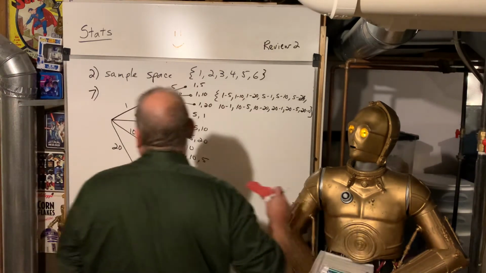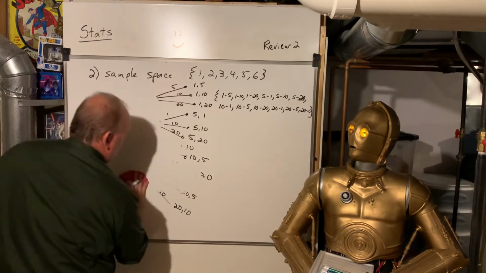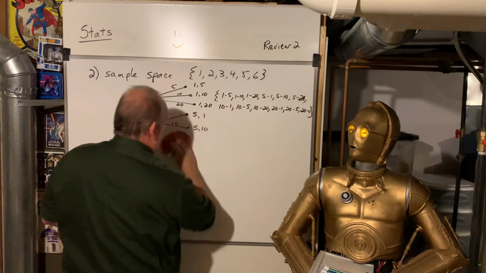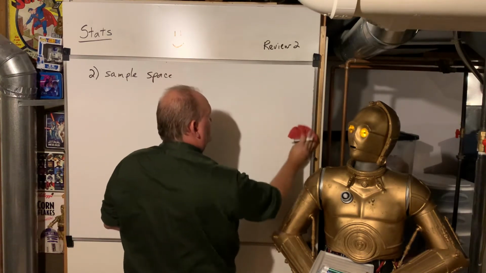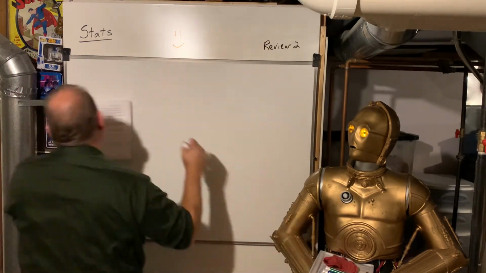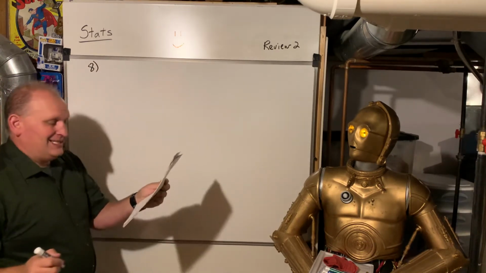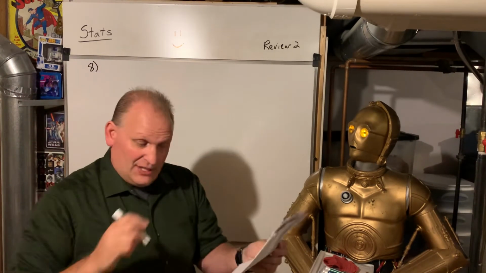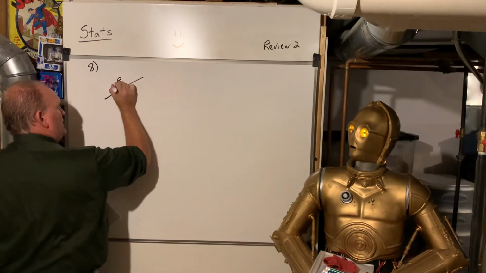So let's look at the second example, number 8. Born male or female. I just went with boy and girl, B and G. So if you're going to have 3 kids, what are the possible combinations of boys and girls? Well, on the first one, you could have a boy or you could have a girl.